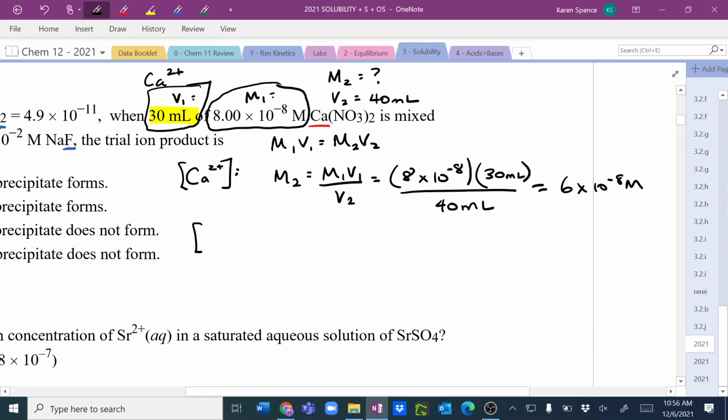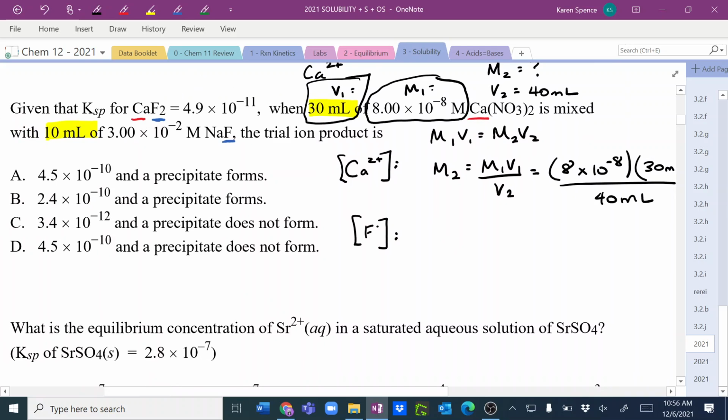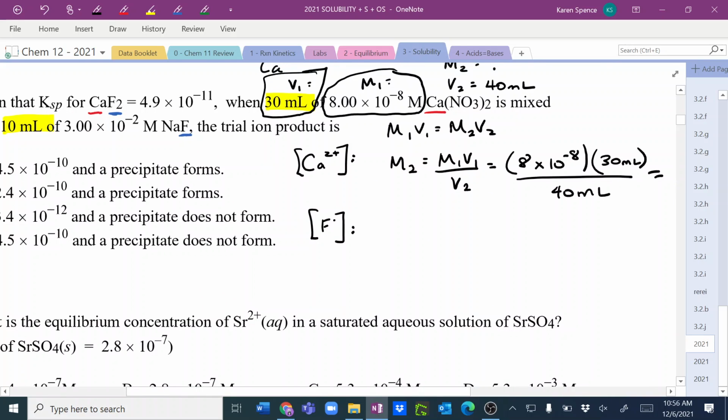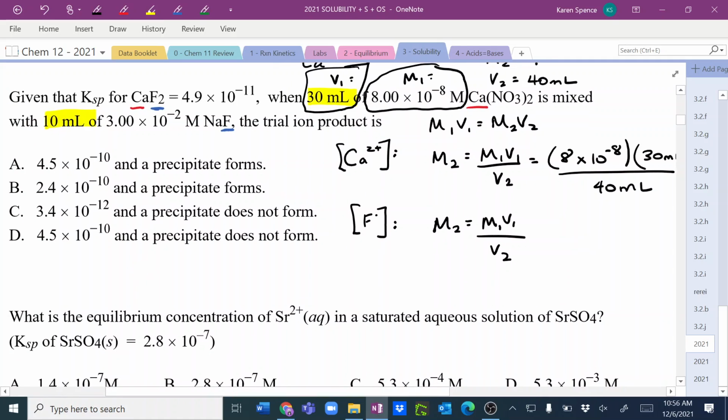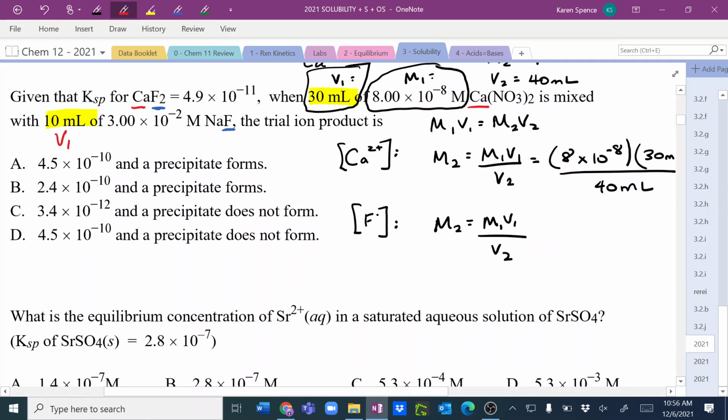Fluoride, we have, again, we're looking for M2, so it's going to be the same calculation, M1 V1 over V2. But in this case, we have V1 is 10 milliliters, and M1 is the molarity, and V2, of course, is the same because we've combined them both into 40 milliliters.